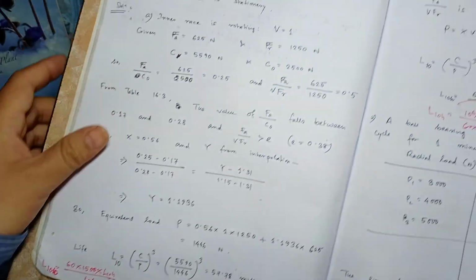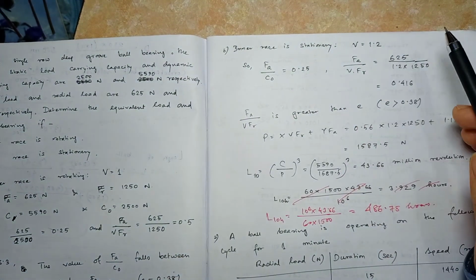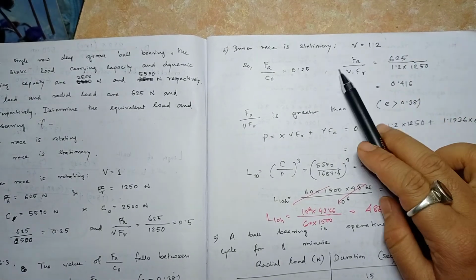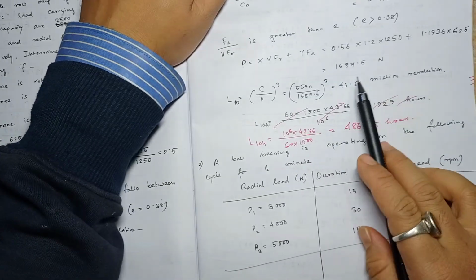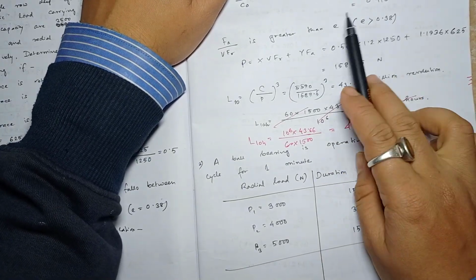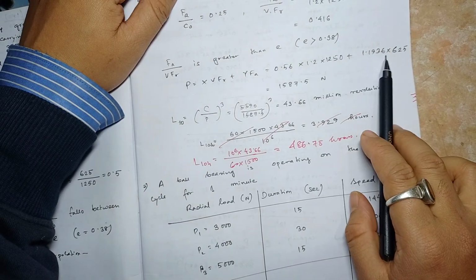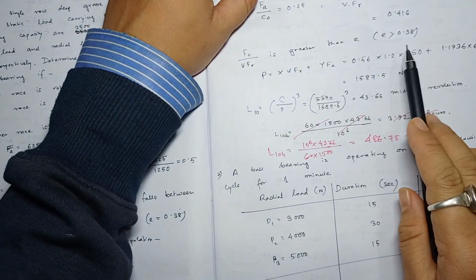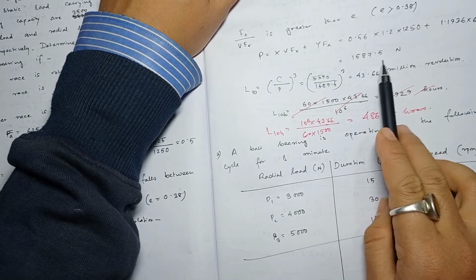Okay. Now when the inner race is stationary and the outer race is rotating, V is 1.2. Now this will change. Fa by VFr is again greater than e, so we have to calculate; this doesn't make any change, so Y is 1.1936 only, but here V will change, so your P will change a little bit, 1587.5.